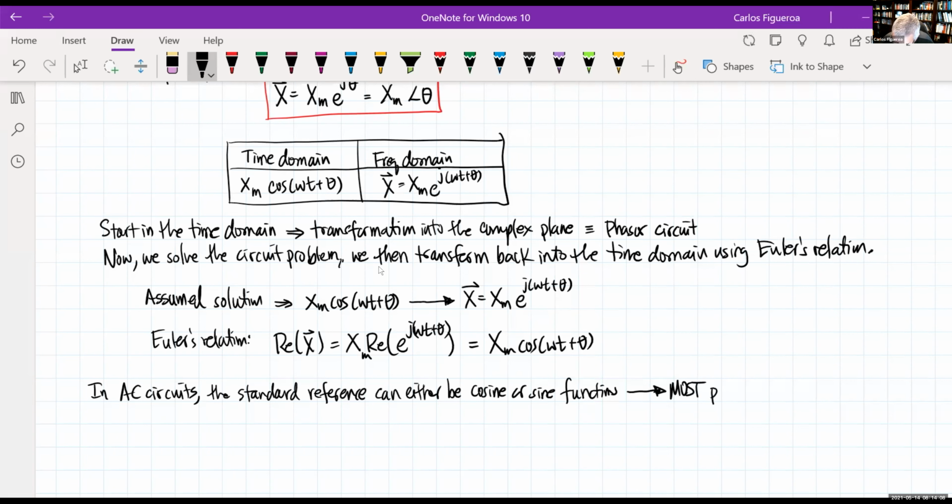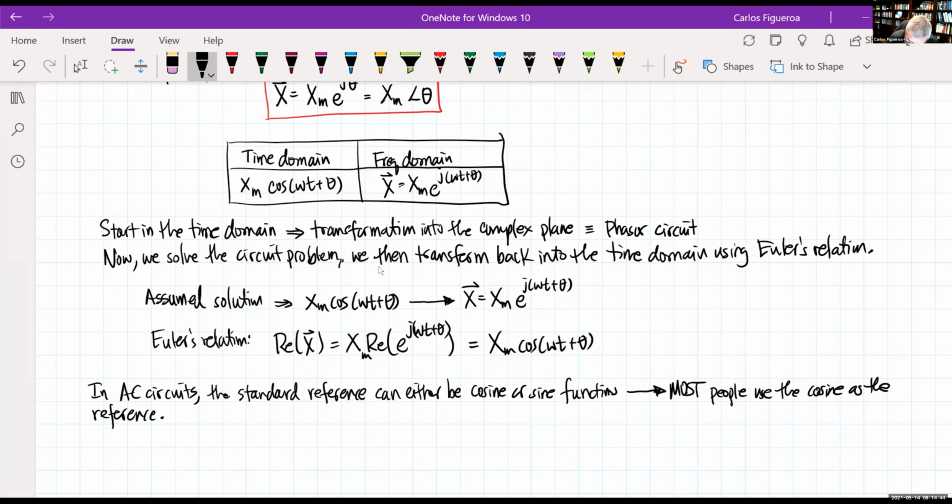Most people use the cosine as the reference. It's the standard. You'll see that when people are solving these problems and find that it's written in sine, it annoys people. It's not that big of a deal, but nonetheless.